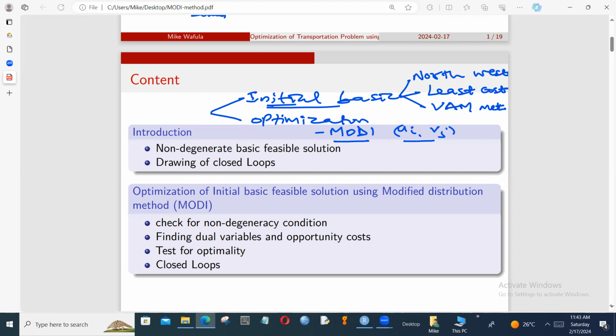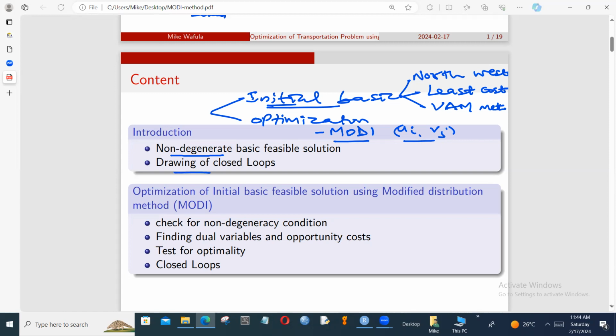Before we dwell into the steps and procedures one ought to follow in optimizing a transportation problem using this method, we want to look at two concepts. One is how we check whether the basic initial feasible solution generated is valid.